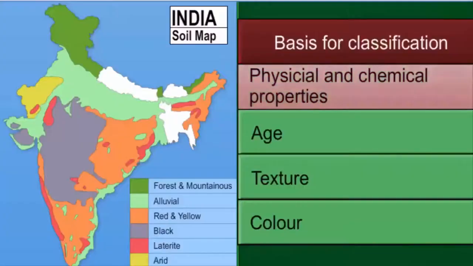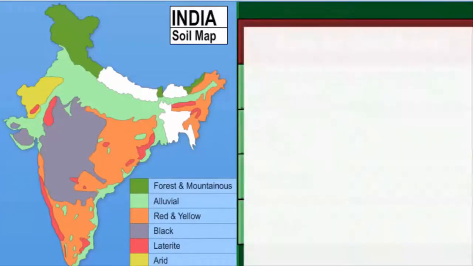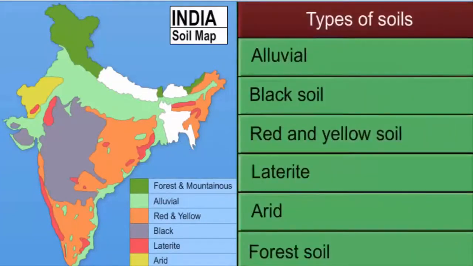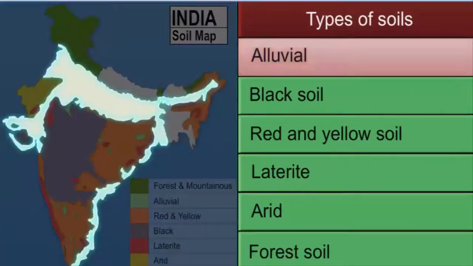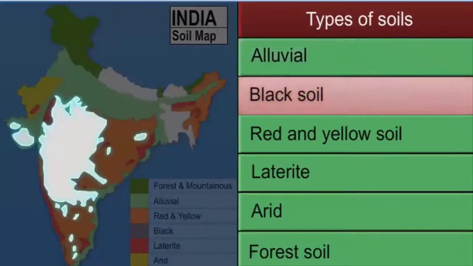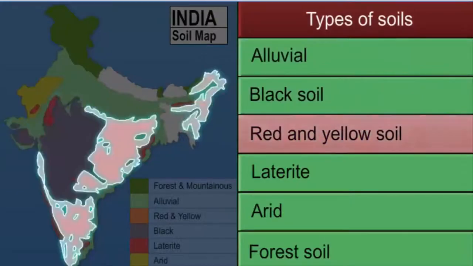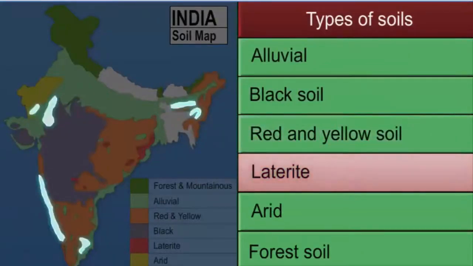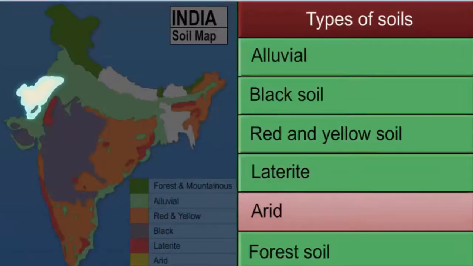Based on their physical and chemical properties, age, texture and color, soils in India can be classified as alluvial, black soil, red and yellow soil, laterite, arid and forest soil.